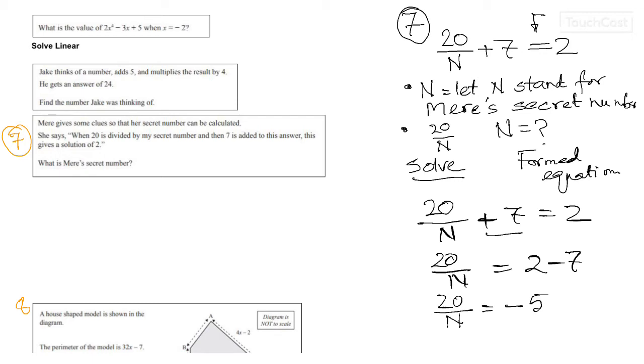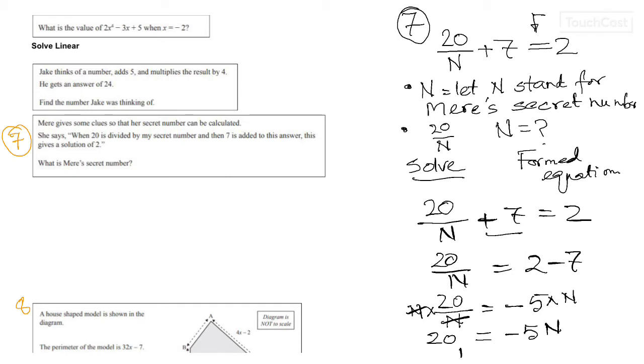And then I got to cross multiply, or there could be other ways, but let's do cross multiplication, or basically what I'm trying to do, multiply both sides by n. So n and n cancels out. It gives me 20 equals -5 times n.